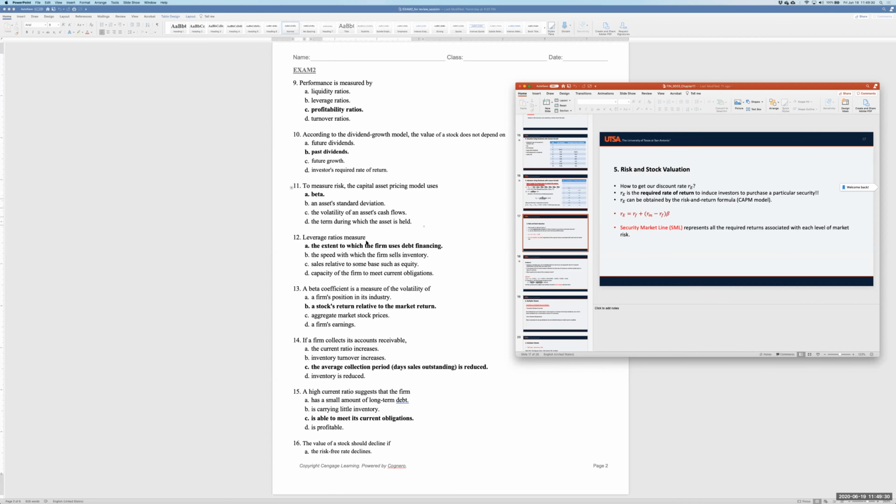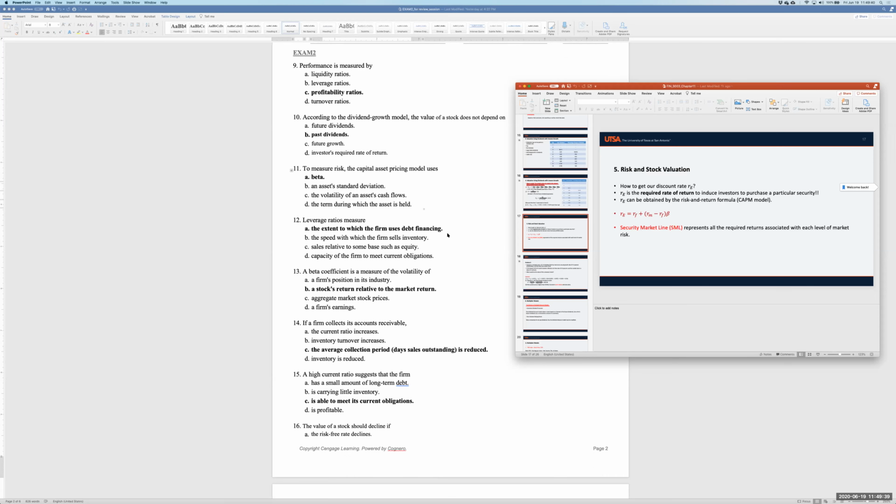Yeah. So to measure risk, the capital asset pricing model uses beta. As you see, we're using beta.